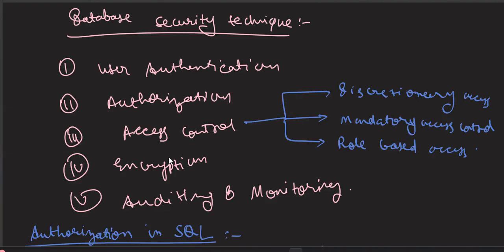Let's move further to the best practices for database security. Use strong authentication like multi-factor login, as I told you initially: your OTP, fingerprint, or username and password, and two-step verification. This comes under strong authentication.